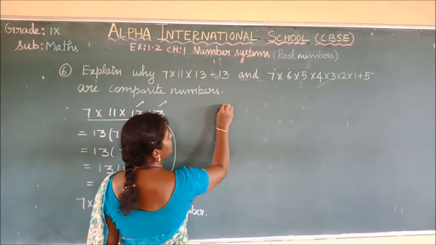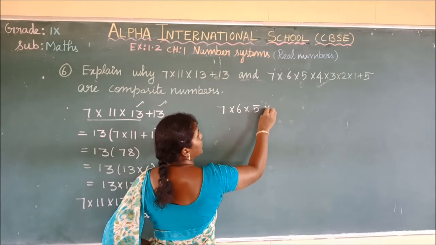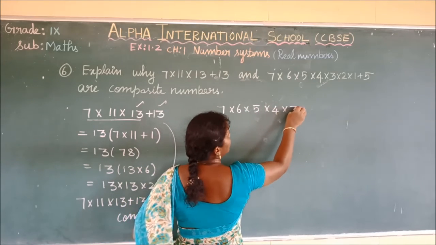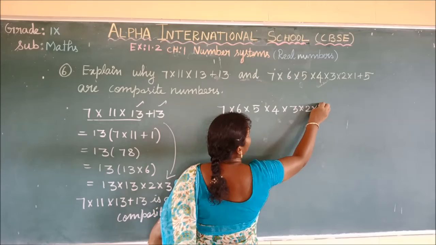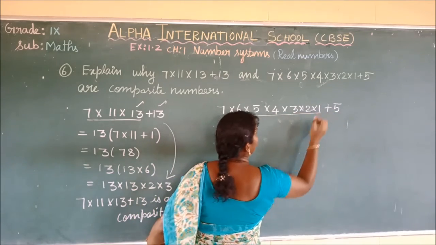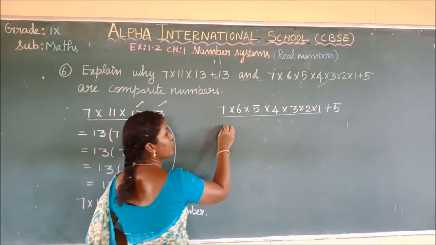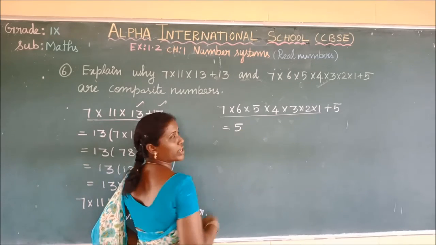See, what is the second number? 7 into 6 into 5 into 4 into 3 into 2 into 1 plus 5. Until here we have a product, plus 5. What is common here? 5. So, take 5 common.